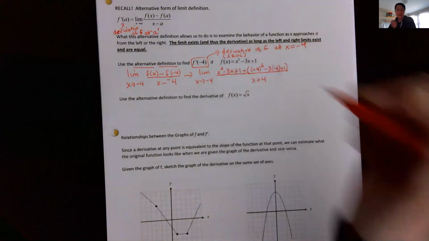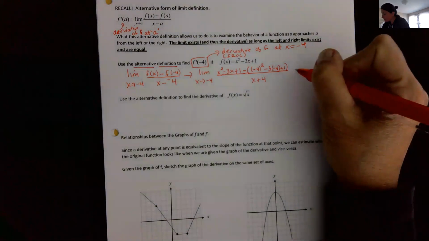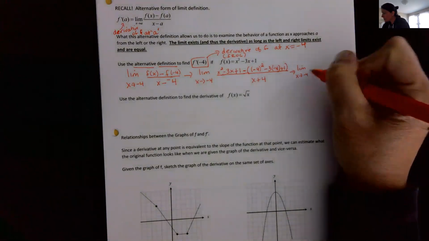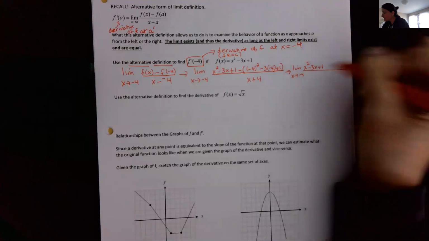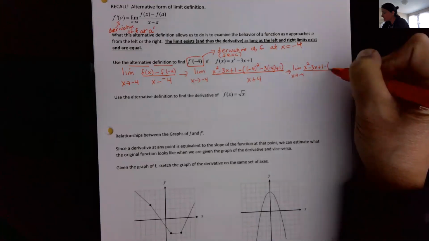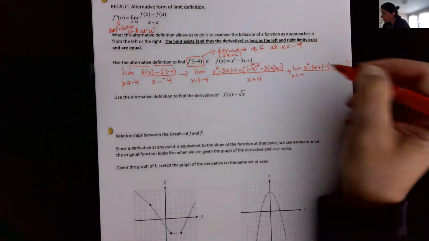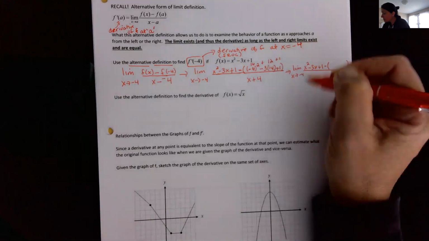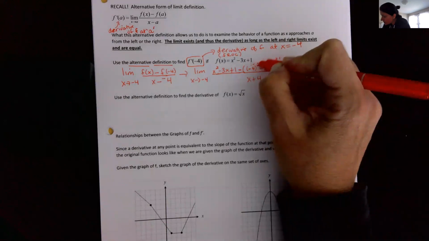I can simplify that. So limit as x approaches -4, let's simplify, x squared minus 3x plus 1. All right, here we go, minus. So that's 16 plus 12 plus 1. I should have done that a little bit more so you could see that.